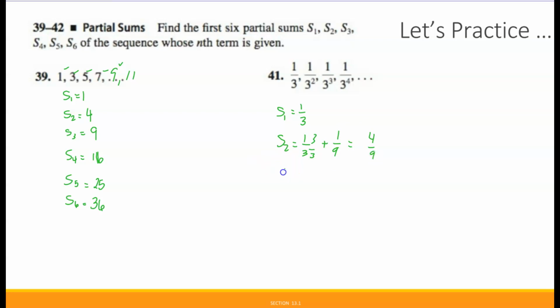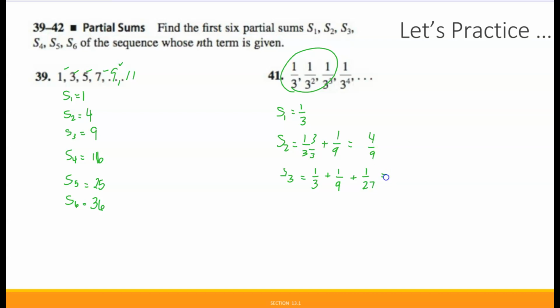Okay, if we keep moving in this pattern, S3 is going to give us 1/3 plus 1/9 plus 1/27, since we're trying to add these 3 terms together and 3 cubed is 27.